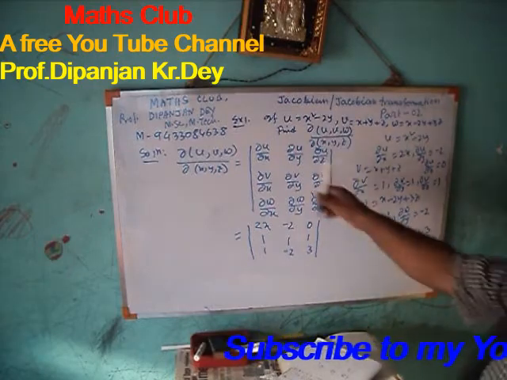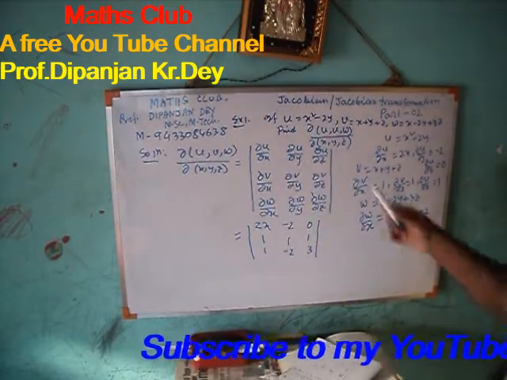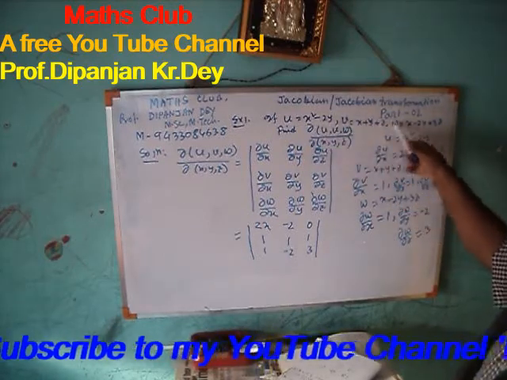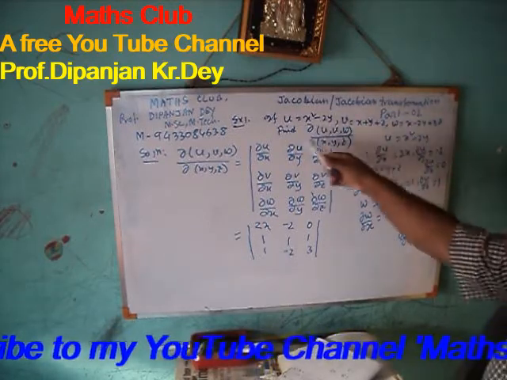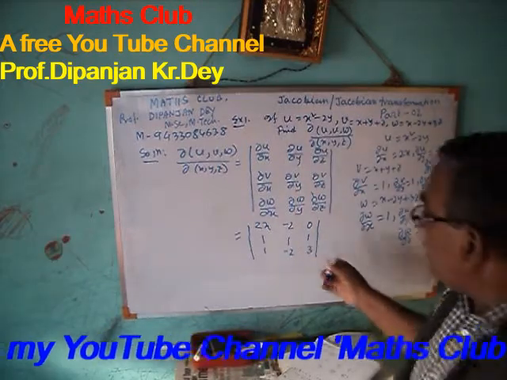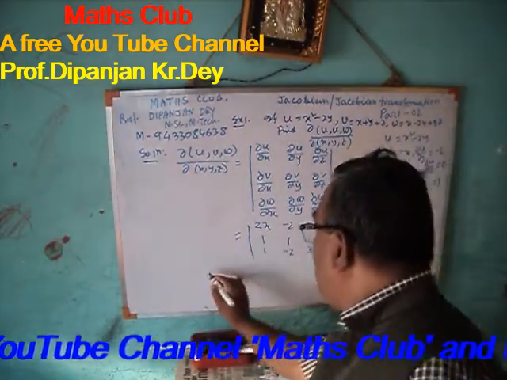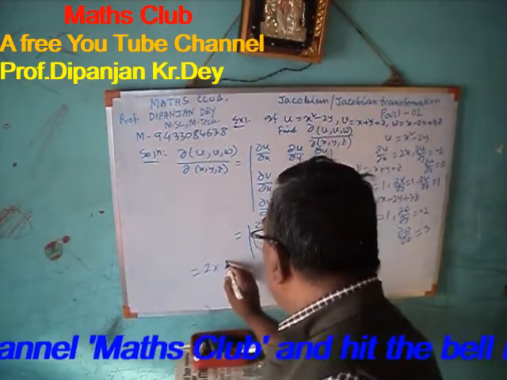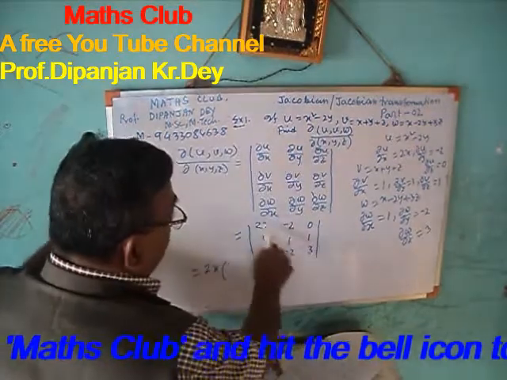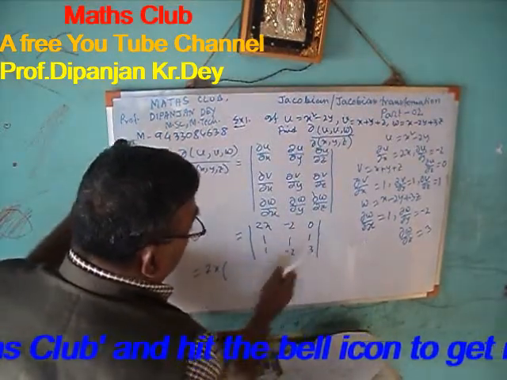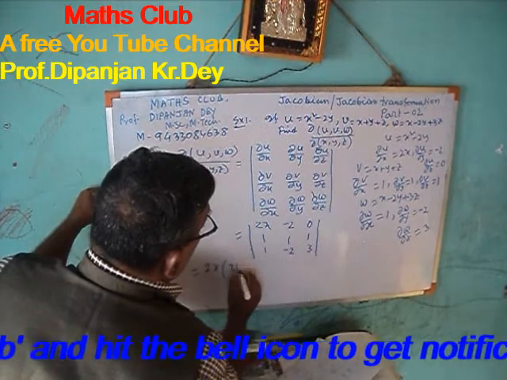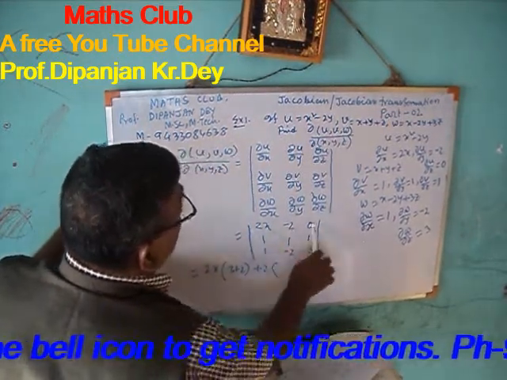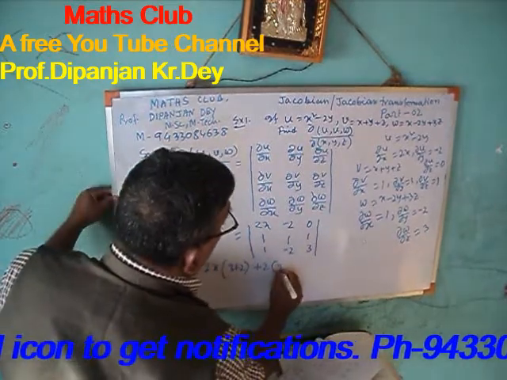This is from the definition of Jacobian. From the given information, u, v, w are given, and from this we have to find all these partial derivatives, then put them here. Now expand the determinant. Follow me: 2x times this into this minus this into this, 3 plus 2, then plus 2 times 3 minus 1.